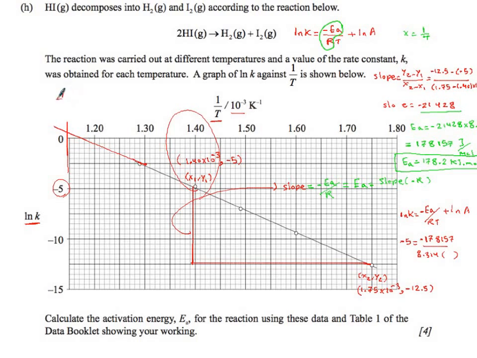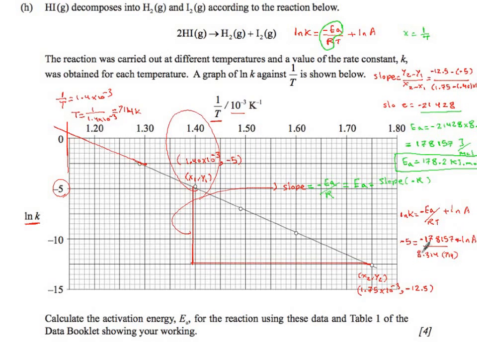If 1 over T is equal to 1.4 times 10 to the minus 3, the temperature is 1 over that, which is 714 Kelvin. So 714 plus natural log of A.